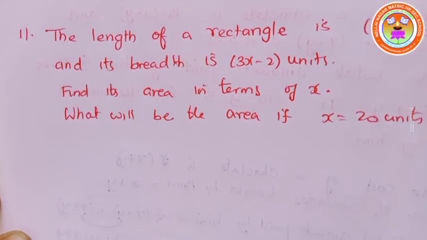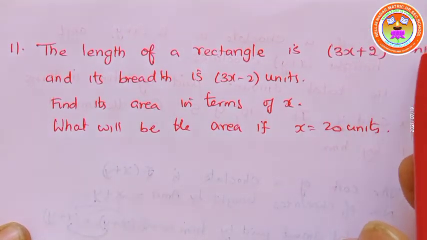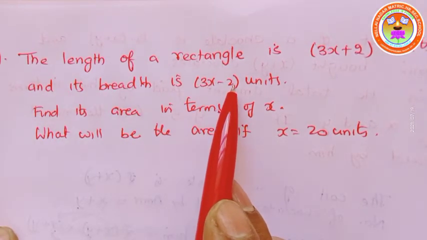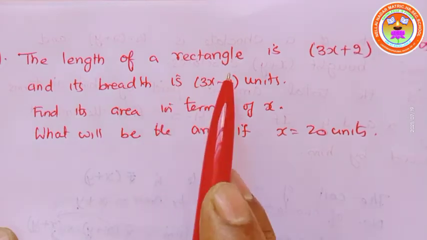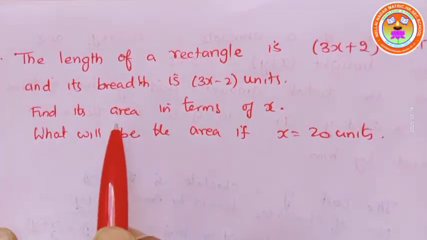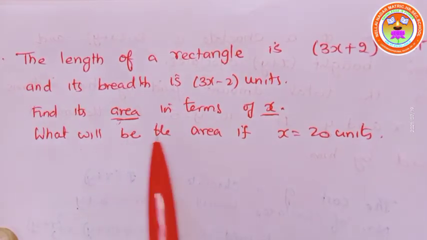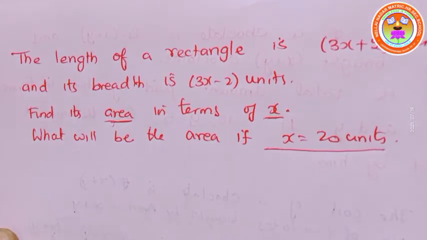Question number 11. The length of the rectangle is x plus 2 units and breadth is 3x minus 2 units. So the length value and breadth value of a rectangle are given. You have to find the area in terms of x. What will be the area if x is equal to 20? It's clear, students?